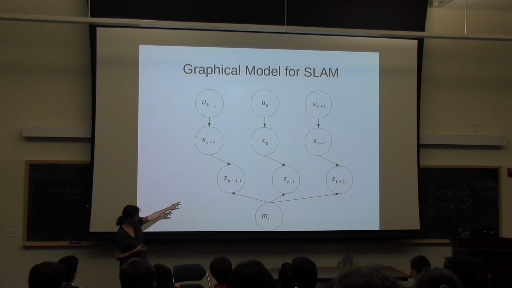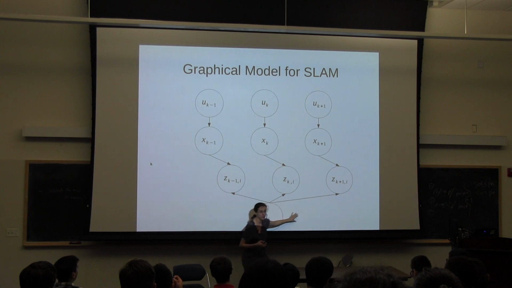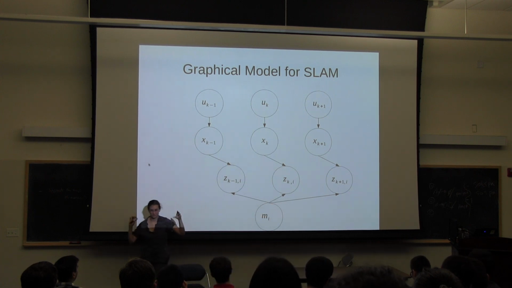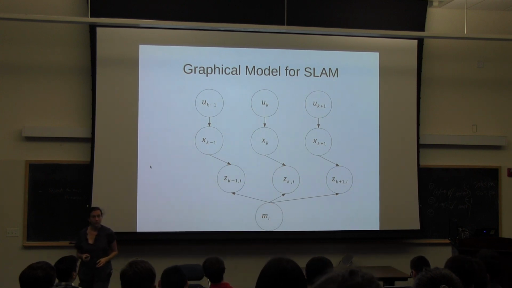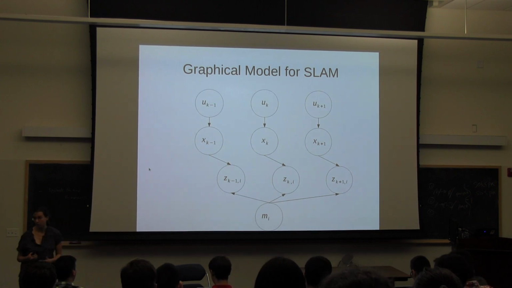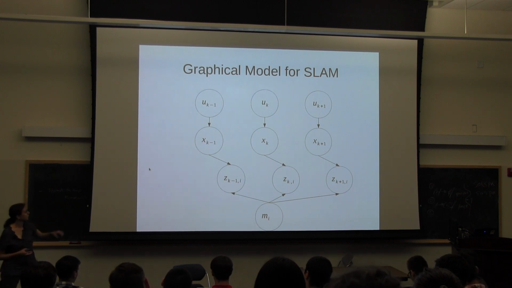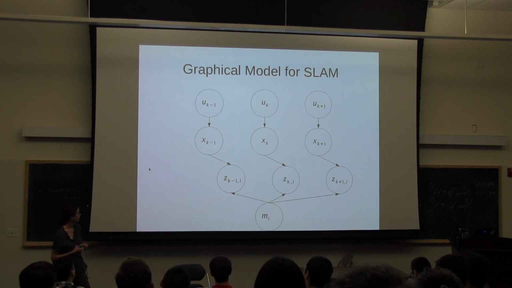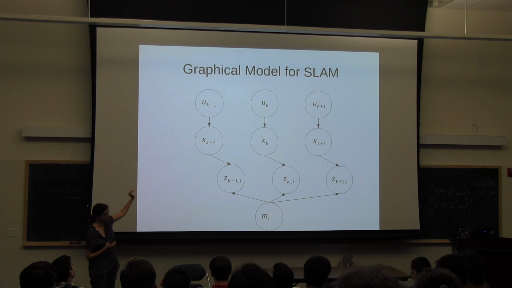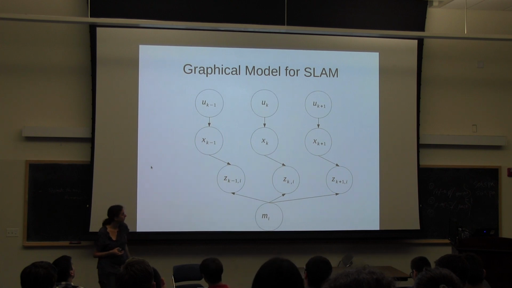So let's do it. I'm going to pull out my M's, and I'm drawing one of these weird abstract graphs. My observation now doesn't just depend on my location, it also depends on where all those landmarks are. Okay? So this is the graphical model for SLAM. I've got my control input, and I've got my X of k, which here is just going to be my pose, my position and my orientation in the 2D map, which is changing over time.